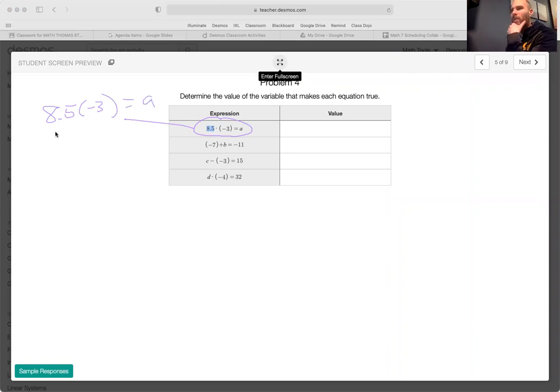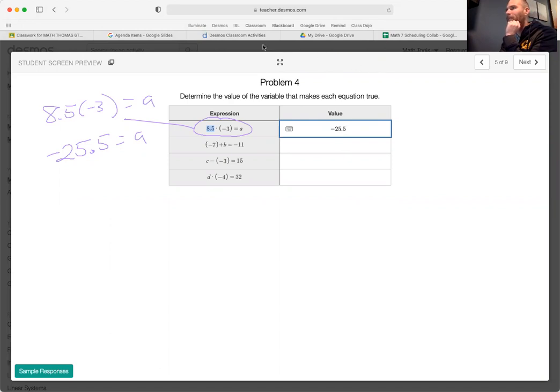Okay, well, 8 times 3 is 24. 3 times 0.5 is 1.5. So this is 25.5. But it's negative because I got negative times positive here. And so -25.5 equals A. I think we can just write the value. We don't have to write equals A or anything like that.